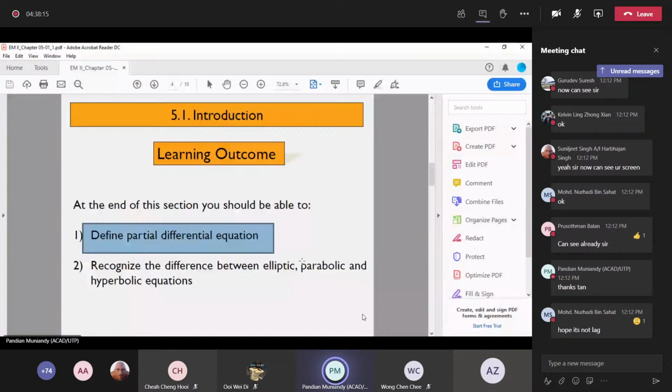So we are not going to study PDE in detail. And the PDE, partial differential equation, is not the same as ODE, ordinary differential equation. Not the same means they have their own model equations, which involve the partial derivative symbol.